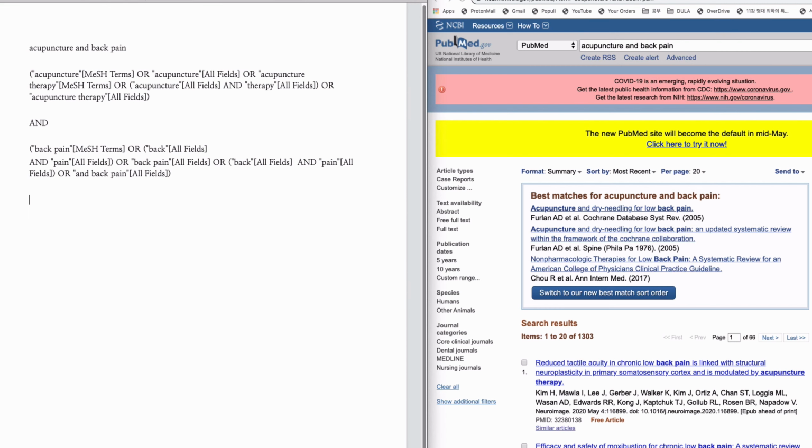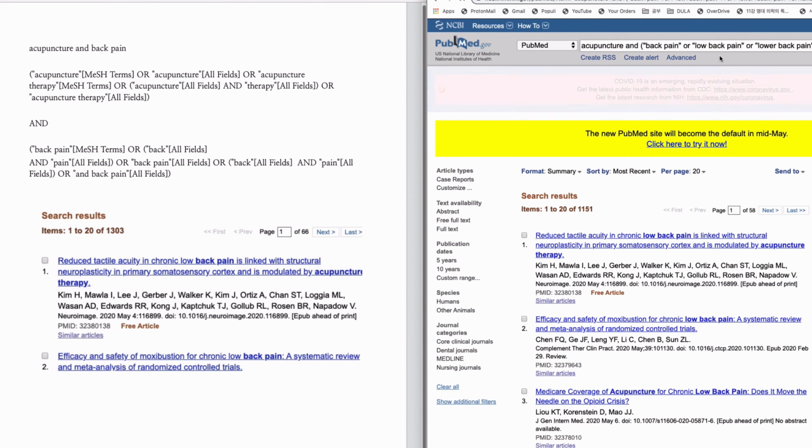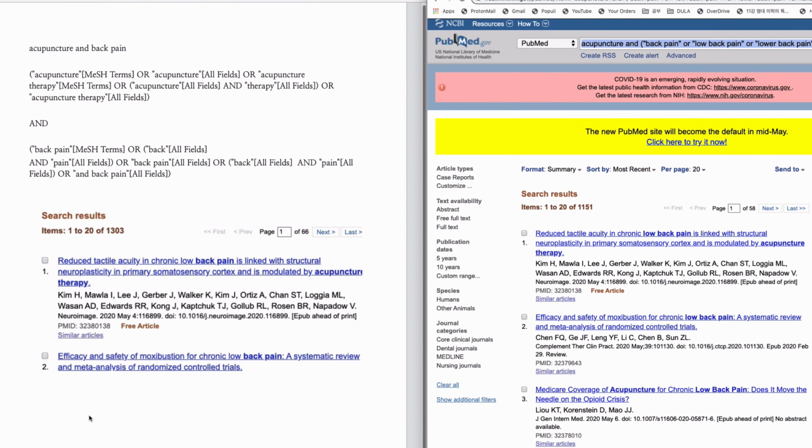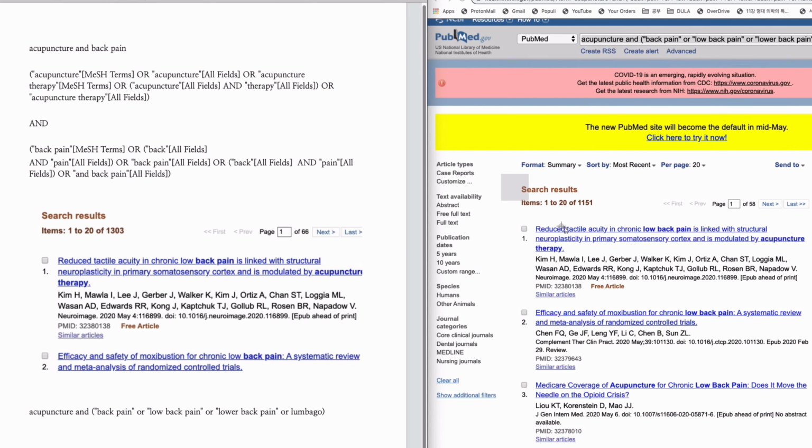Search retrieval here. And this was our search query, to be specific. And pretty much the same result. A little bit less, actually. Can you imagine that? This is a little bit less.